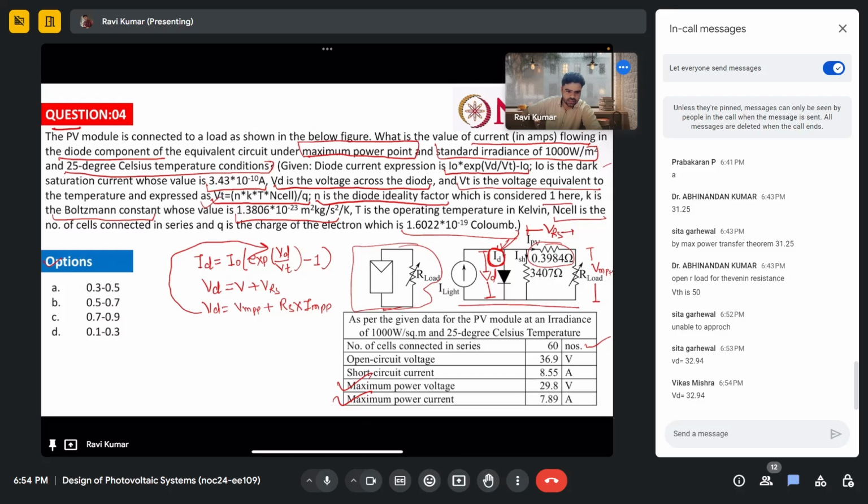Vikas Mishra is also saying right. Okay, so if both of you are getting the same answer, this VD will be 32.94. Absolutely right.